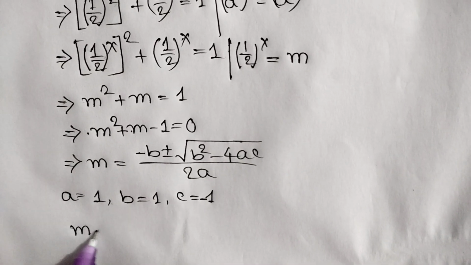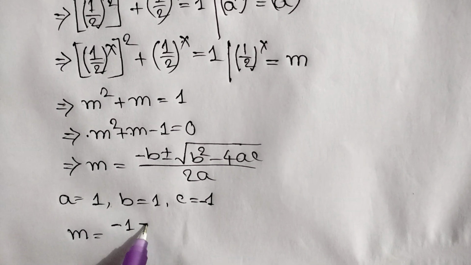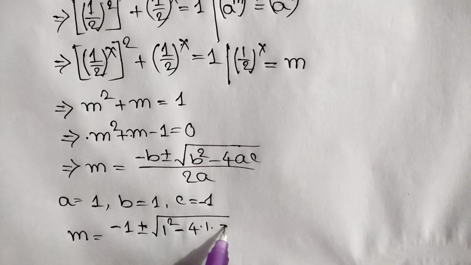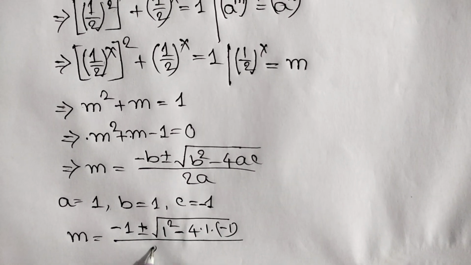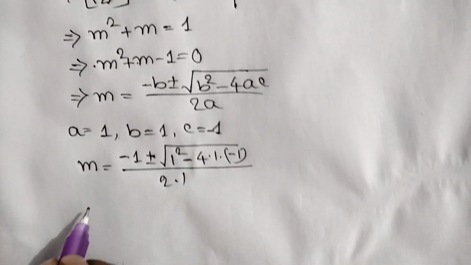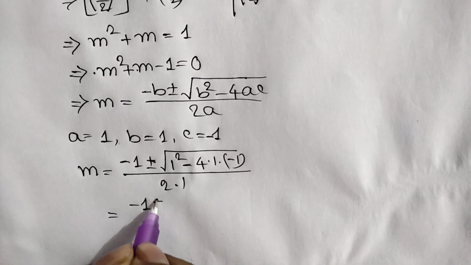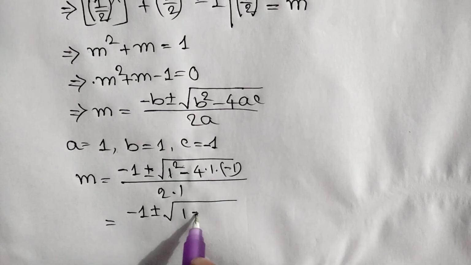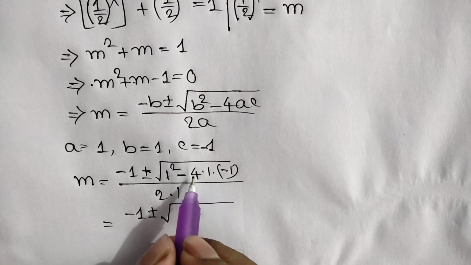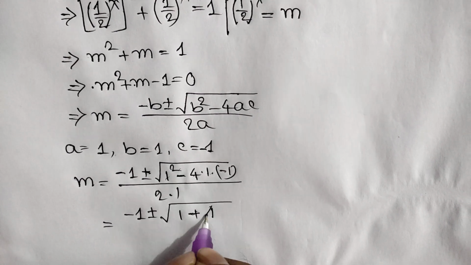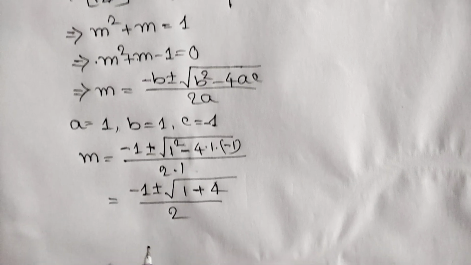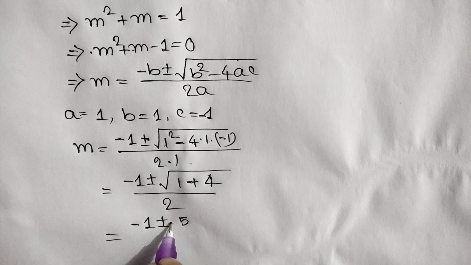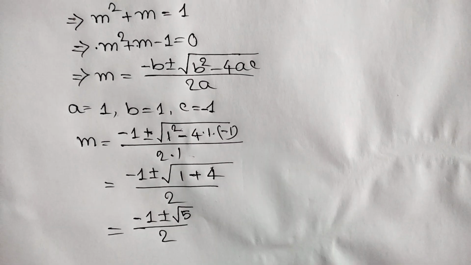So m is equal to minus 1 plus or minus square root of 1 square minus 4 times 1 times minus 1 over 2 times 1, is equal to minus 1 plus or minus square root of 1 square, that means 1, minus times minus will be positive, 4 times 1 is equal to 4, over 2 times 1 is equal to 2. So m is equal to minus 1 plus or minus square root of 5 over 2.